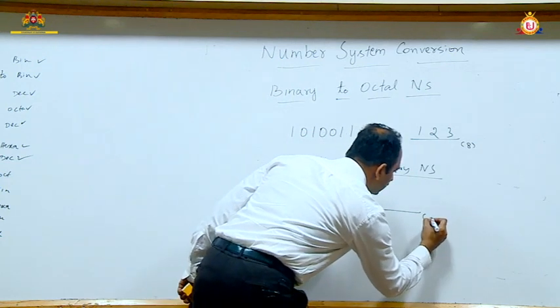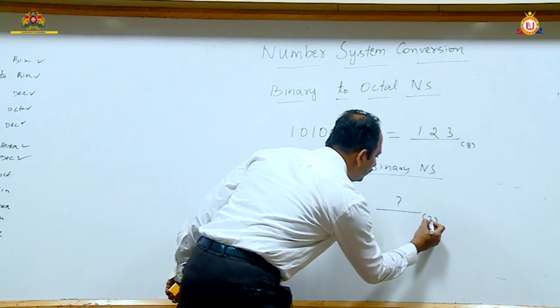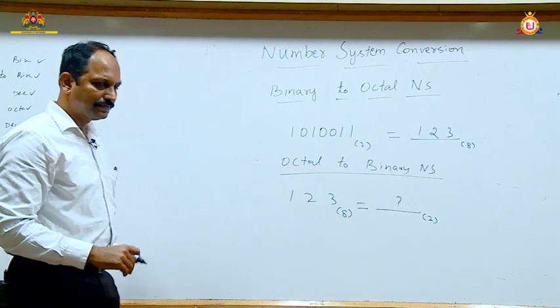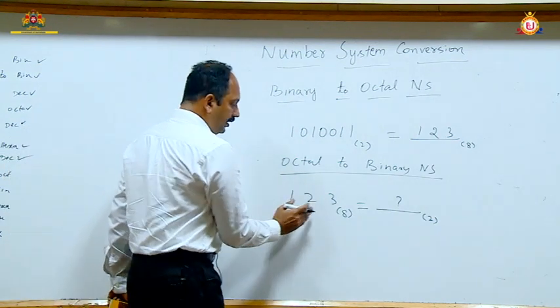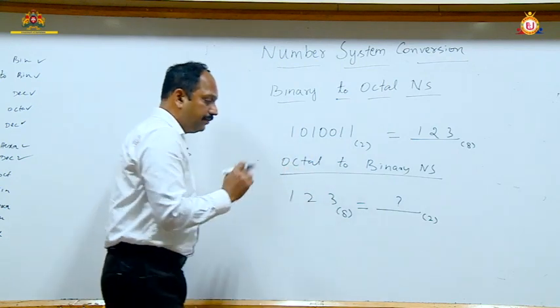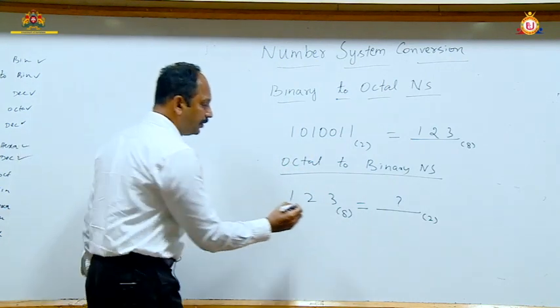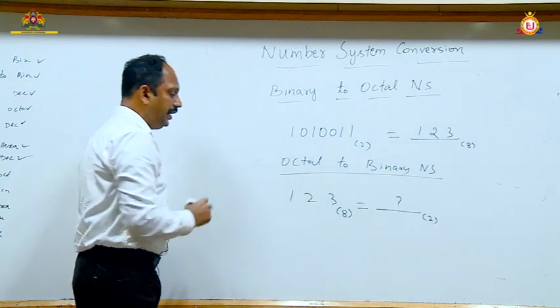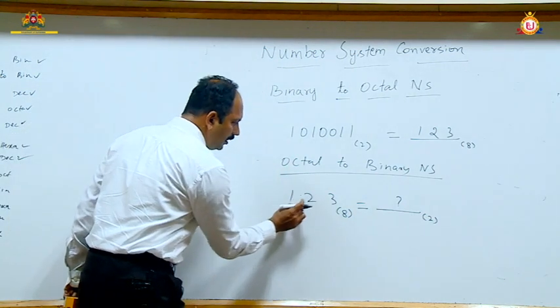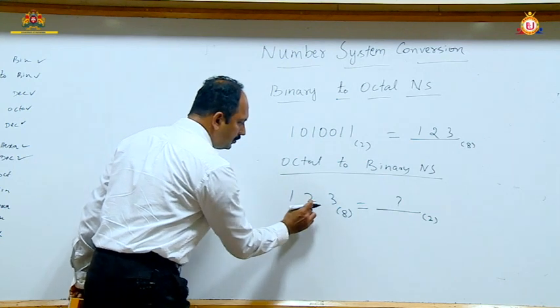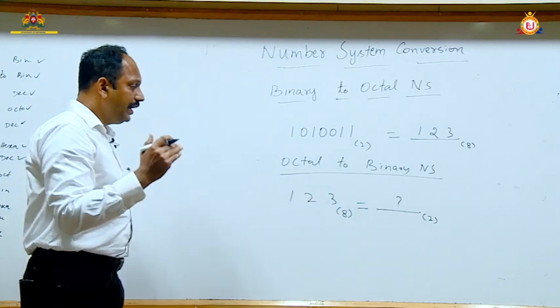Now, what is the binary equivalent of this octal number? This should not be read as 123 from the beginning. It should be taken as individual digits. Take the individual digits of the octal number, that is 1, 2 and 3.